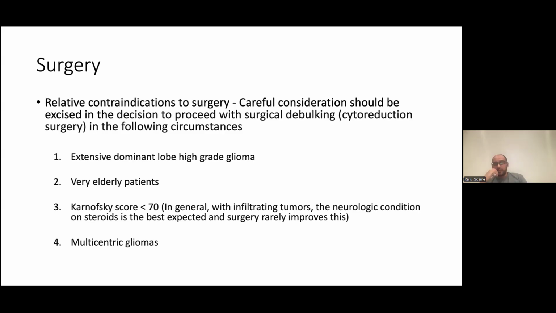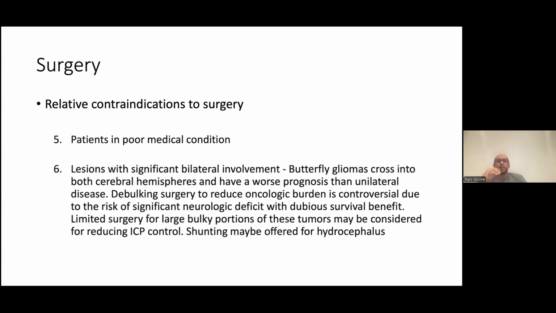In general, with infiltrating tumors, the neurologic condition on steroids is the best expected, and surgery will rarely improve this. Also multicentric gliomas, patients in very poor medical condition, or lesions with significant bilateral involvement, such as the butterfly gliomas, because they cross into both cerebral hemispheres and they tend to have a worse prognosis than unilateral disease.